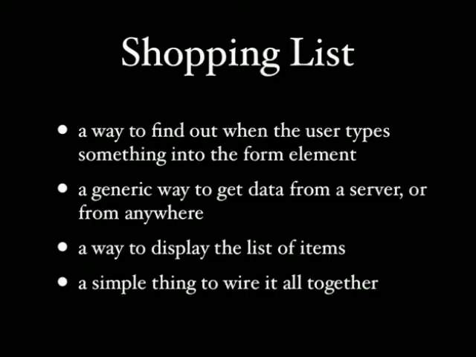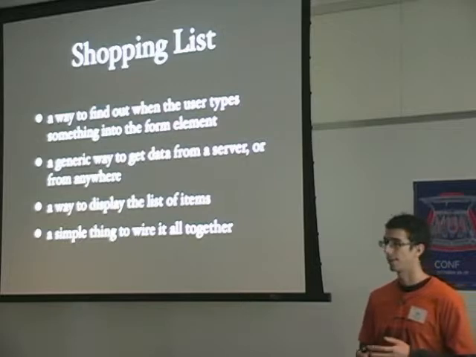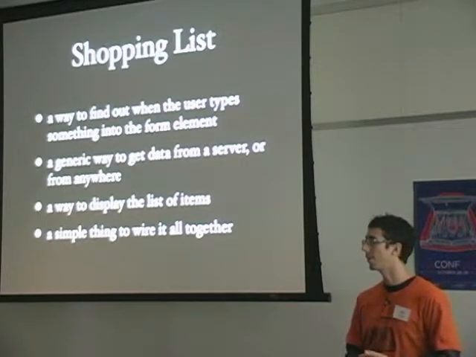It could also just be something that's statically in the JavaScript. We also need a way to display the list of items such that we can solve a lot of the issues of overlapping other form elements. And we need a really simple way to wire everything together so that it's not hard to plug it onto some new form element.